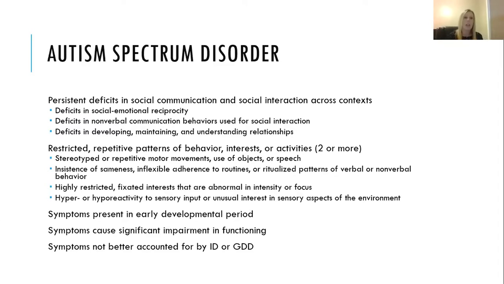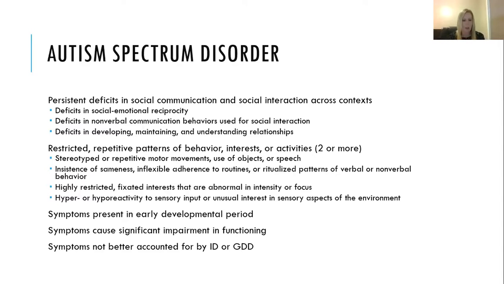We're also looking at deficits in nonverbal communication behaviors. So things like poor eye contact, language. So if they're not making gestures, facial expressions, things along those lines, then they would fall into that criteria there. Deficits in developing, maintaining, and understanding relationships.